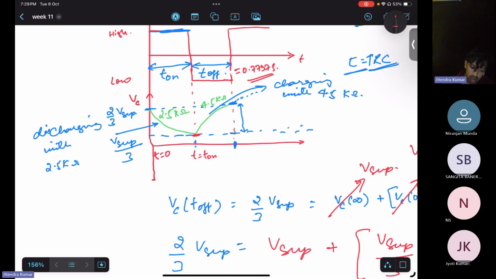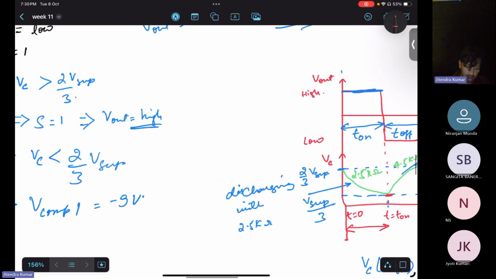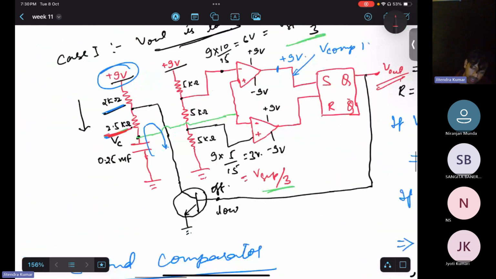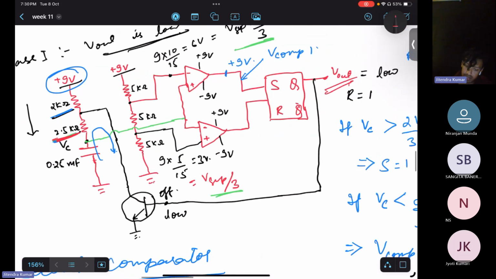So this is the period of T on. At T on, our capacitor is getting discharged with only one resistor, only the 2.5 kilo ohm resistor. When output is high, it is connected to the transistor which is high, and it is short circuiting here, and our capacitor is discharged in this fashion.